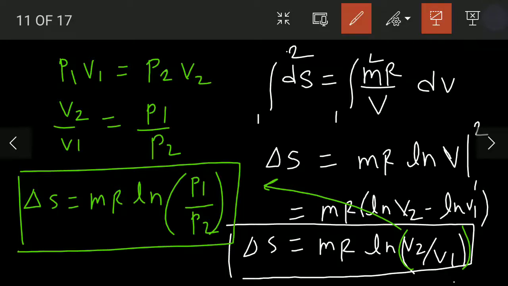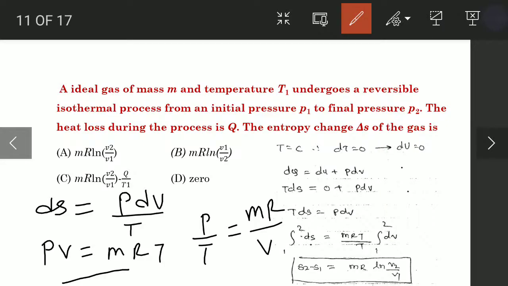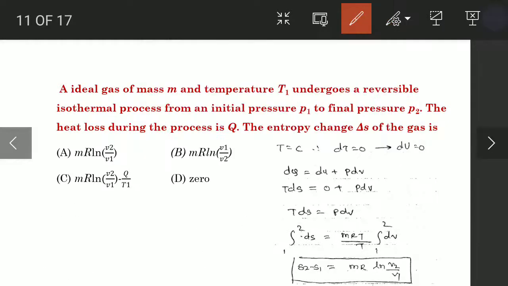So delta S is equal to mR ln P1 by P2, or mR ln V2 by V1. Which option is correct? mR ln V2 by V1, so the first option is correct. And if it is asked in terms of pressure, then mR ln P1 by P2 is the correct option.